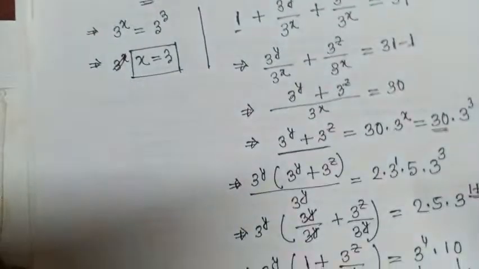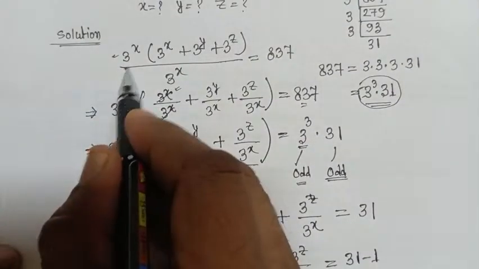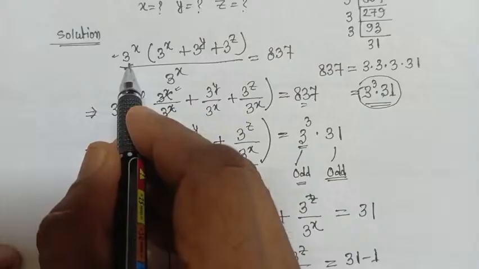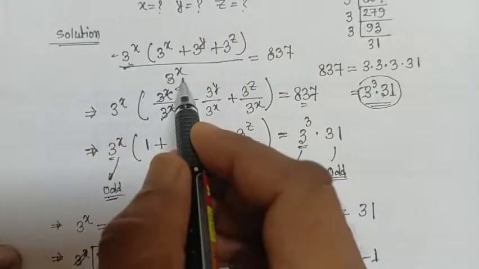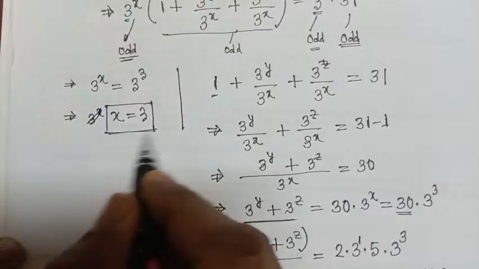But here we first multiply that 3 to the power, multiply and divide by 3 to the power x and 3 to the power x. After that we got the value of x is equal to 3.